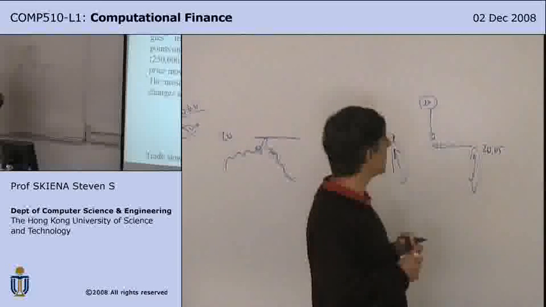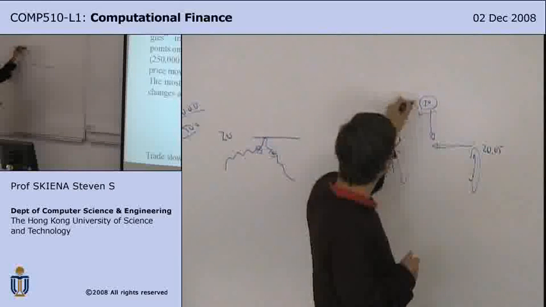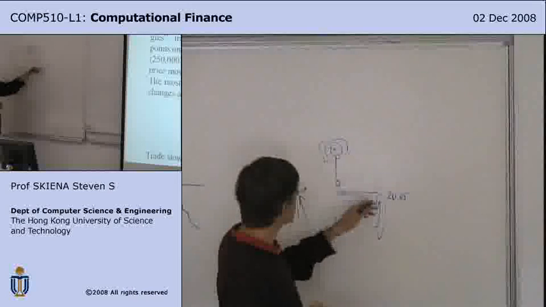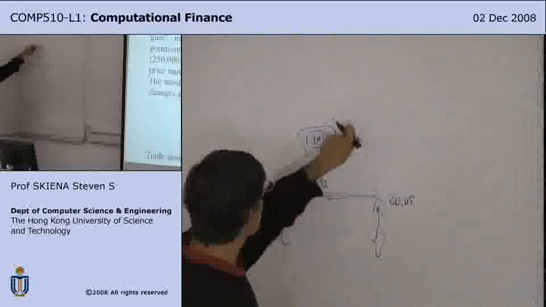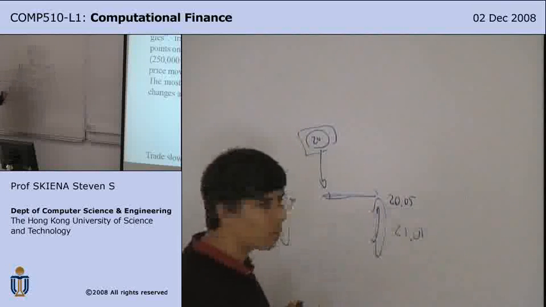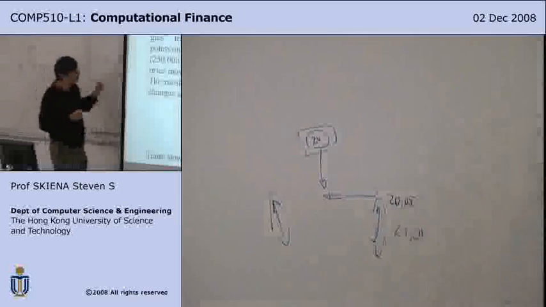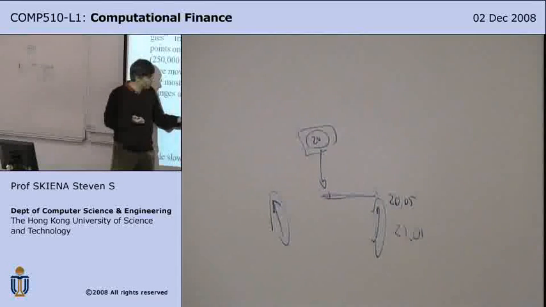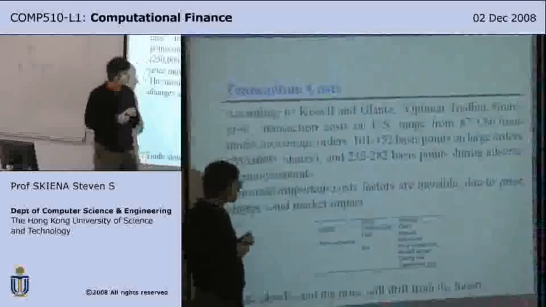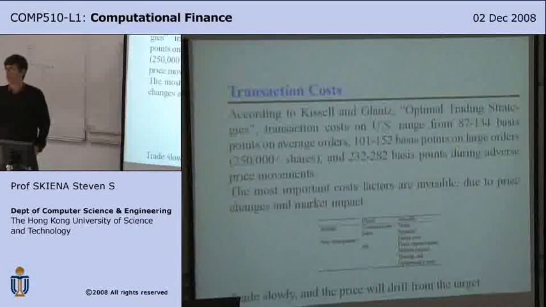Part of it is the risk. It may very well be that I want to buy this stock because it's going to go up. Well, if I don't buy it now, I put in a market order, and between the time my market order gets in and it gets executed, the price may have gone up to $21. So what we view as transaction costs are not only functions of visible fees, but also these non-transparent fees. Any questions?